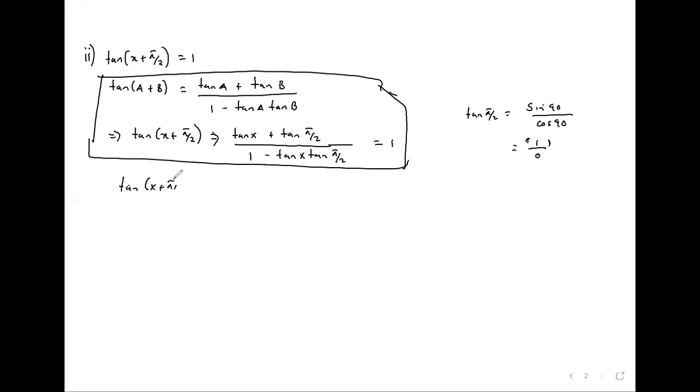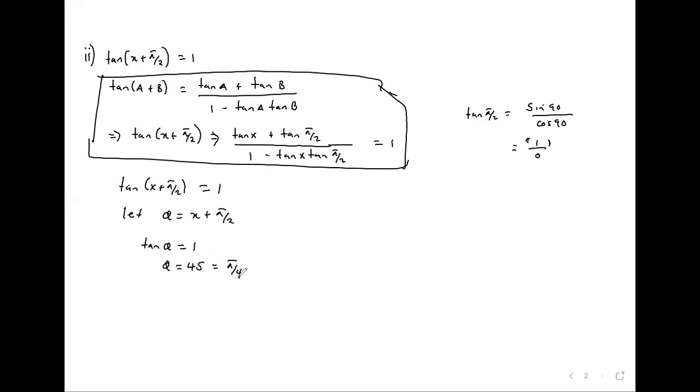x plus pi over 2 is equal to 1, and let theta be x plus pi over 2. And so we deal with tan theta is equal to 1, where we know that theta is equal to 45. 45 is pi over 4.